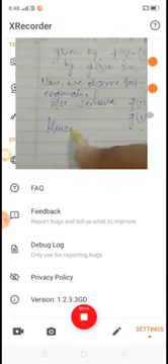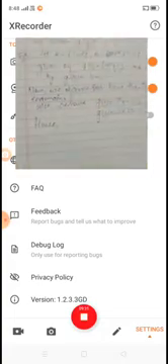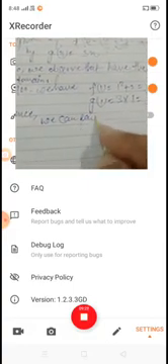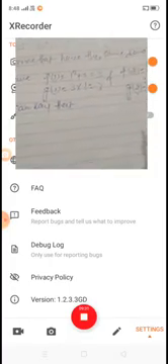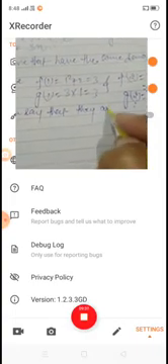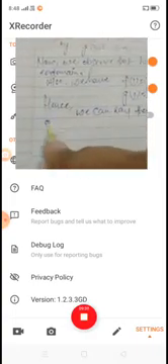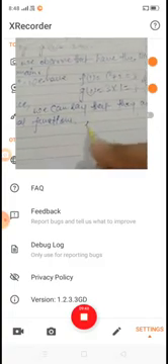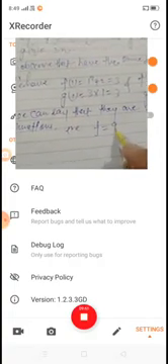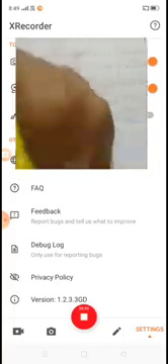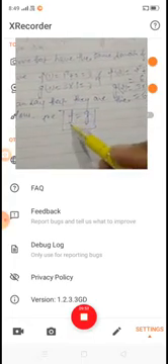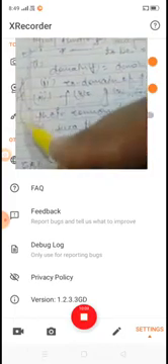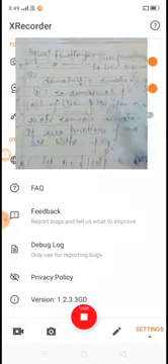Hence we can say that they are the equal functions, that is f is equal to g, because they satisfy all three properties for equal functions.